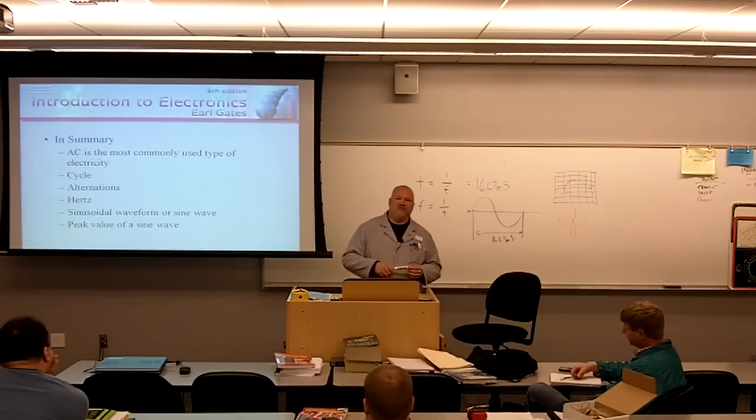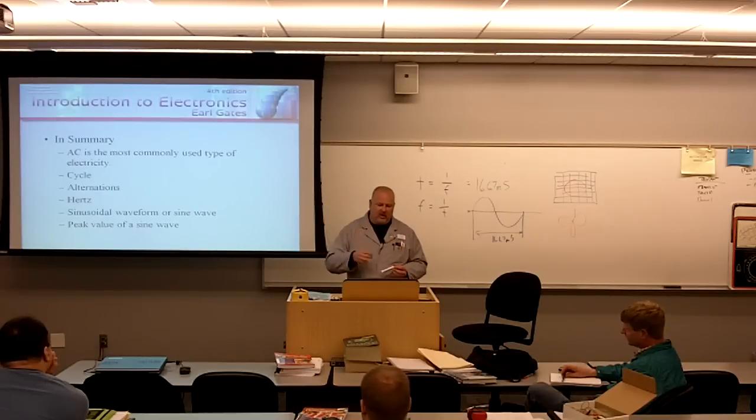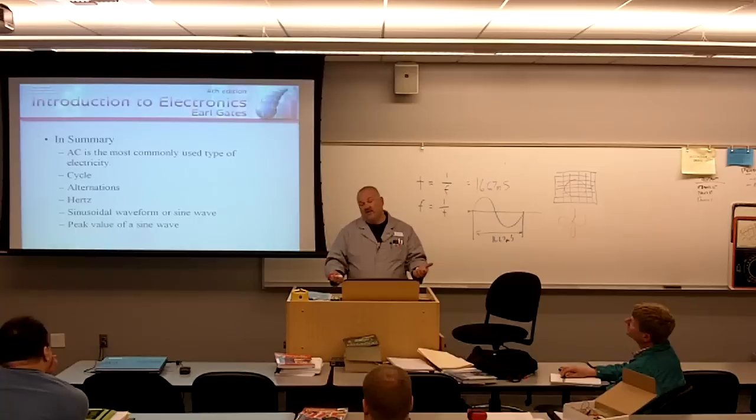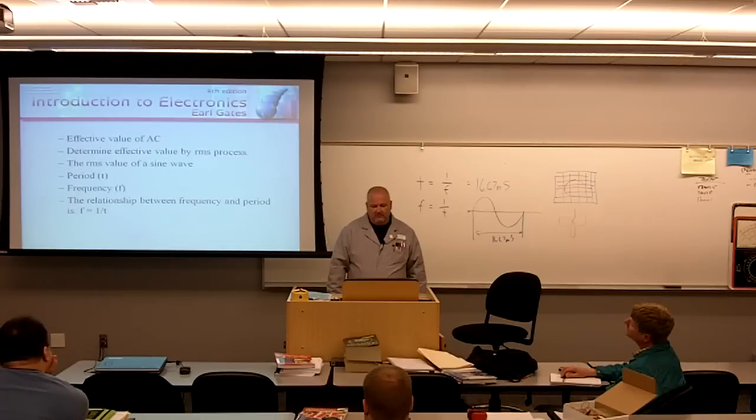Alternations: an AC sine wave has 2, one positive, one negative. Hertz, the rental car company O.J. Simpson used to represent. The sinusoidal waveform, or sine wave, is actually the most common form of power distribution. The peak value of the sine wave is the maximum deviation from average.